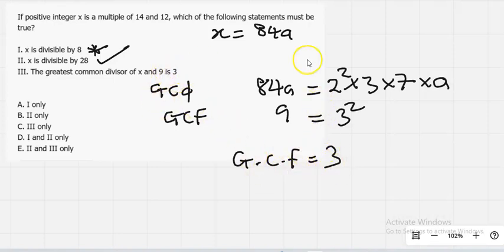It is only when a is 1 that the greatest common factor of x and 9 will be 3. If a is 3 or 9, we get a different value. Because we have a case where it is not true, we cannot pick this. So the answer is B.